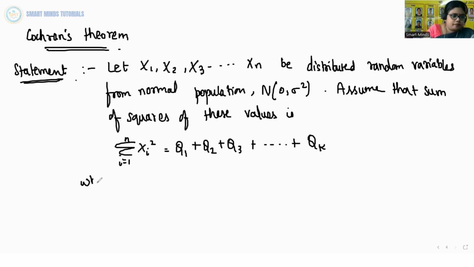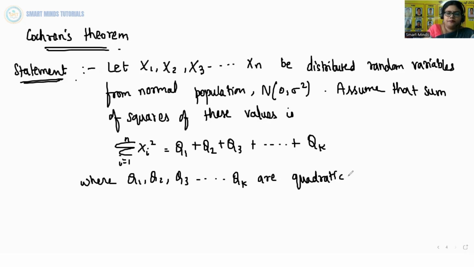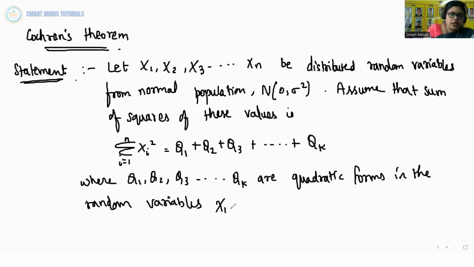Where q1, q2, q3, so on up to qk are quadratic forms in the random variables x1, x2, so on up to xn with rank ri, where i is equal to 1, 2, so on up to k.